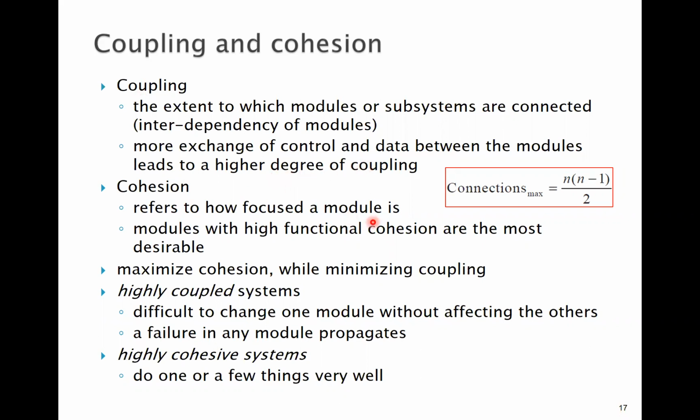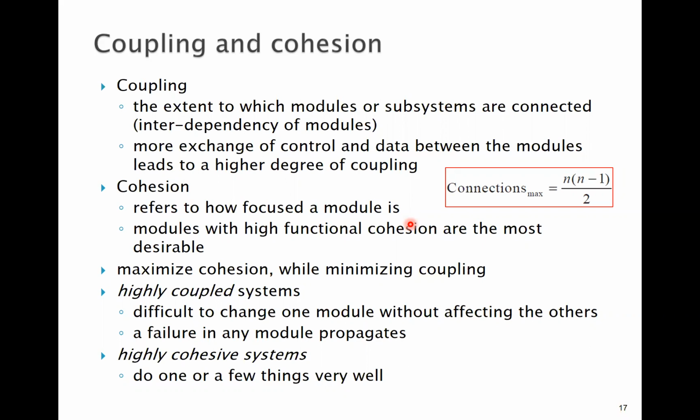That's a measure of interdependence of modules. If we have more exchange of control and data between the modules, we have a higher degree of coupling. So the modules are highly dependent on each other, and the system will be highly coupled.